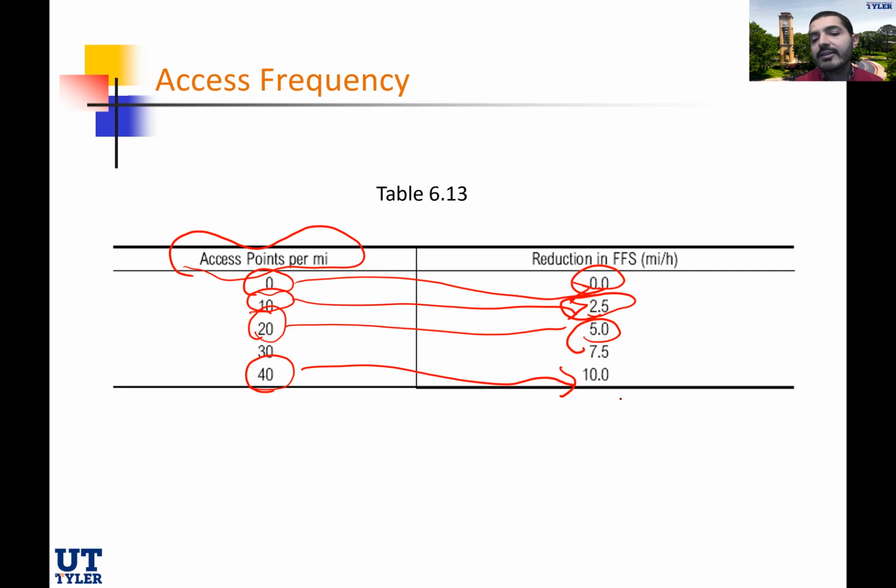So again, 40 access points is 10. If I give you 25 instead of 30 or 20, you're going to do a simple interpolation. As you can see, the relationship here is very linear.